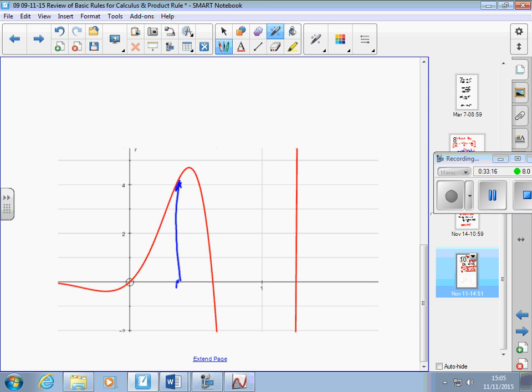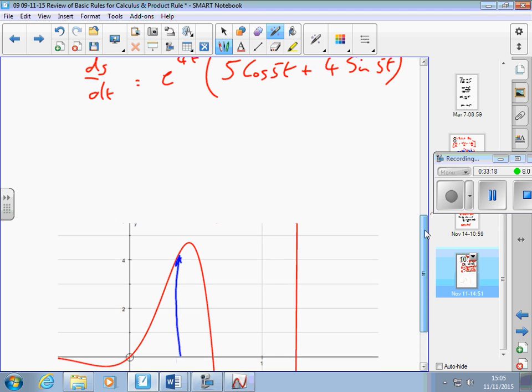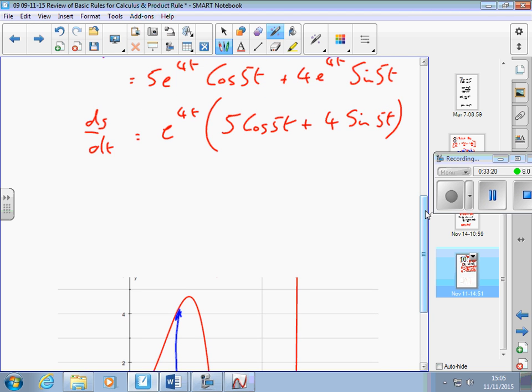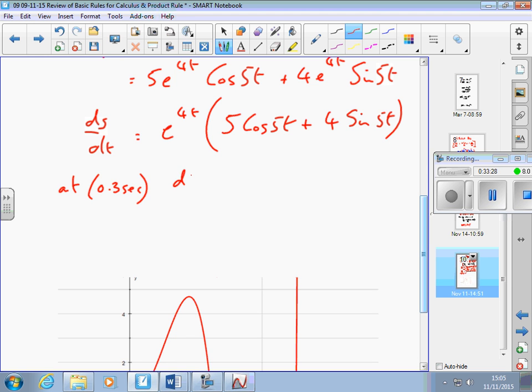I've differentiated it now, so all I've got to do is say, therefore, at 0.3 seconds, ds by dt equals, I just put 0.3 in there, replacing t with 0.3.